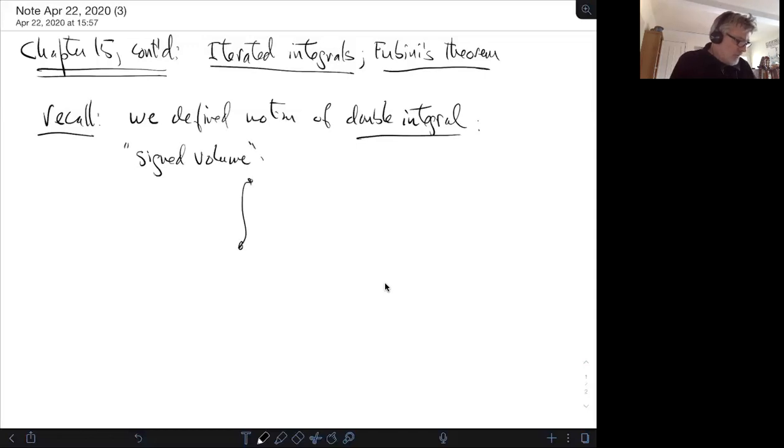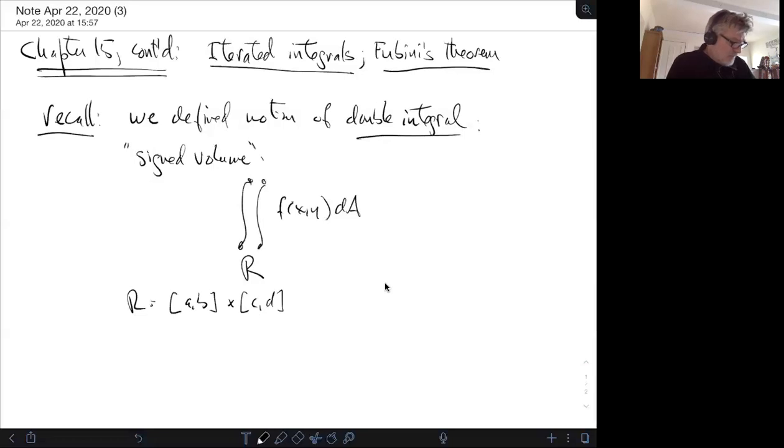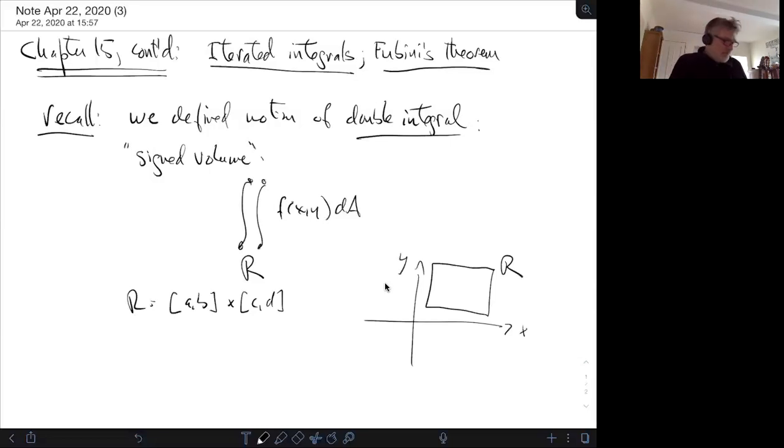And the notation we used is the following. R is a rectangle which is parallel to the coordinate axes, something like this. And so we defined this using the Riemann sum, the double sum, taking the limit.